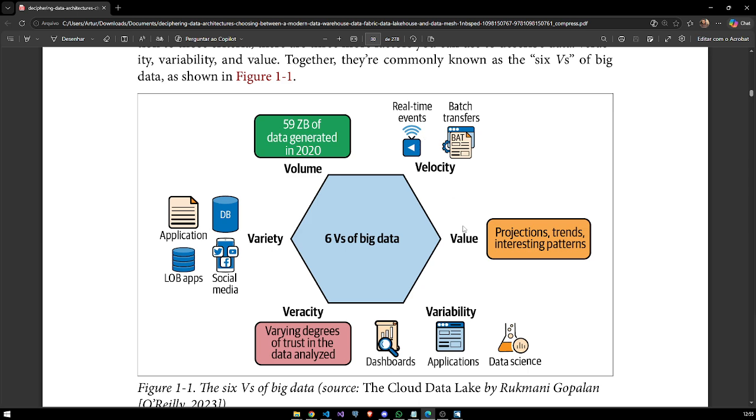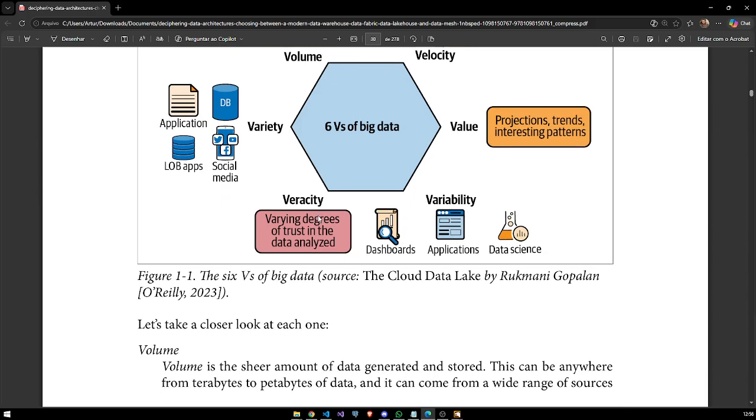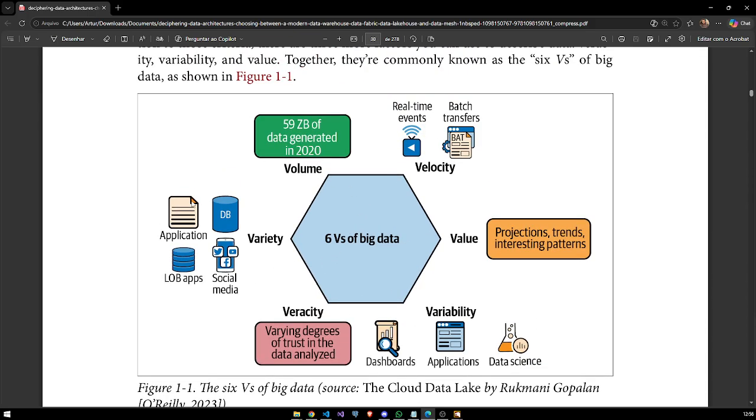This data is to generate value. This value can be used by business people. It can be used by data scientists. It can be used by machine learning engineers to train their agents, and also by data scientists to predict something from this data. So these are the 6 V's of big data, and it's very important.